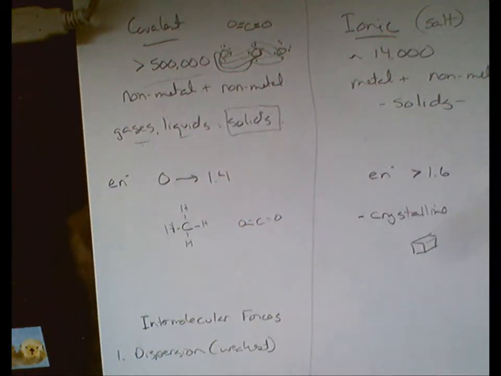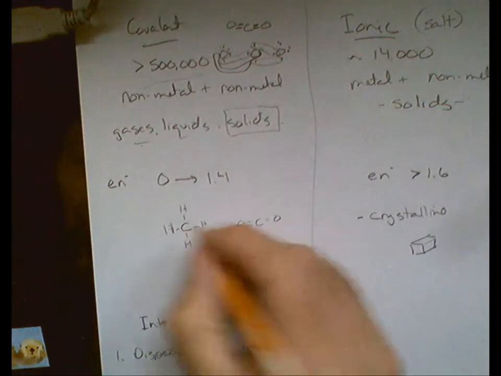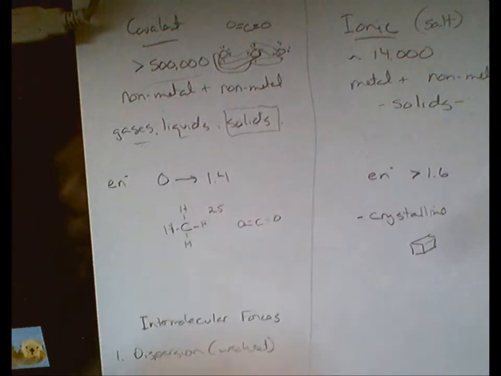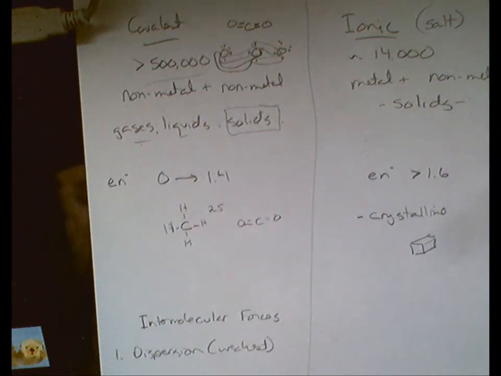Electronegativity is your ability to attract electrons. So let's say that carbon is 2.5, and it is 2.5. And think of electronegativity as a scale of 0 to 4, where 4 is very strong. Fluorine is the strongest thing on the periodic table at 4. And like 0.2, 0.3 would be really weak. So think of it as a scale of 0 to 4.